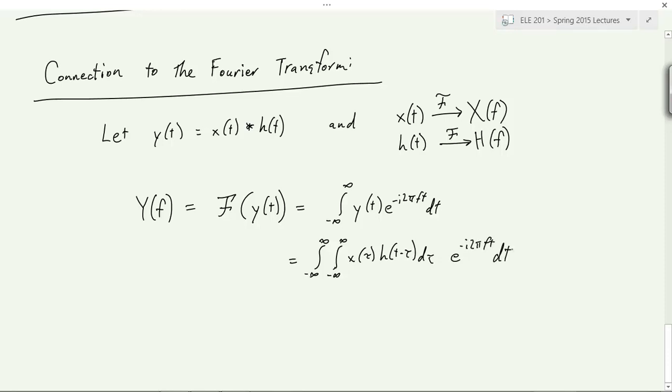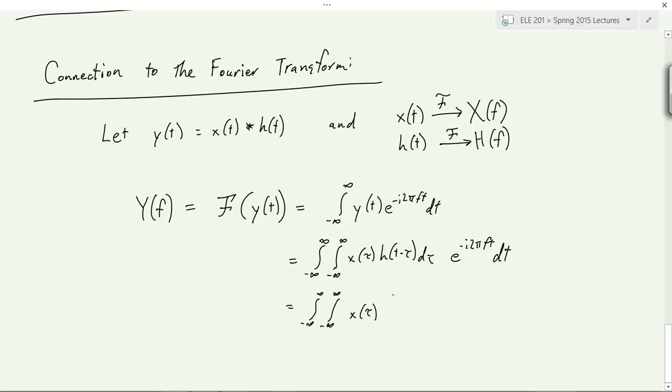Okay, so we need to somehow do this integral. Well, conveniently, let's do these in the opposite order. So we're going to switch these. Of course, you can't tell I switched them because they're over the same limits here. But we're going to switch them by moving the d tau and dt. So keep this the same.